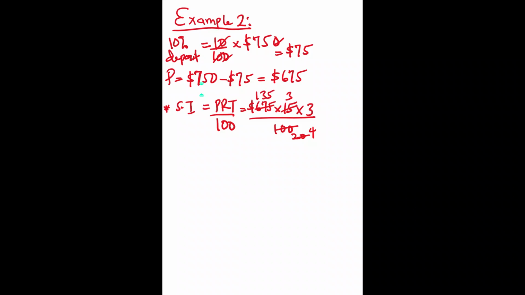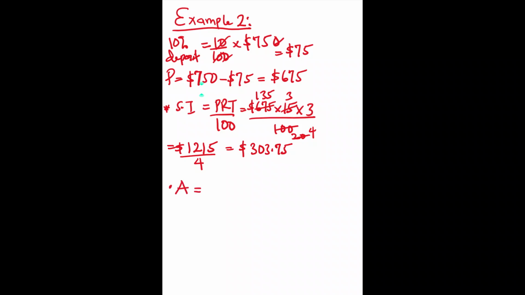We use 5 to divide 675, it gives us 135. So we have 135 times 9 divided by 4. That is $1,215 over 4. When we divide it, we get $303.75.